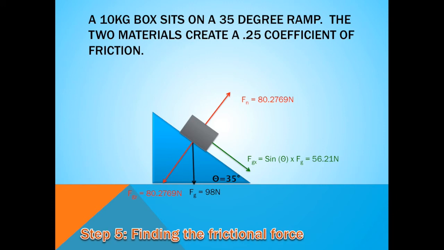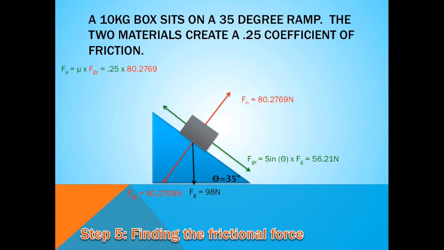But in this case, we do have friction. It says that we have a coefficient of 0.25, which means that in that direction it's going to be opposing the motion. To calculate our frictional force, we take our mu, so our frictional force is equal to mu times the force of gravity on the y.